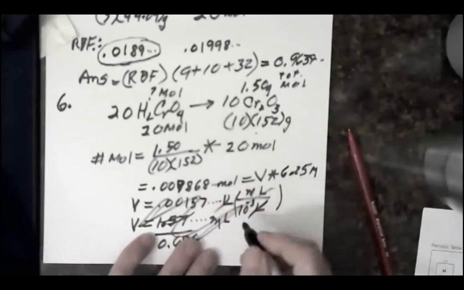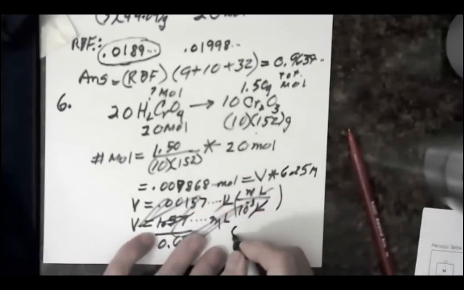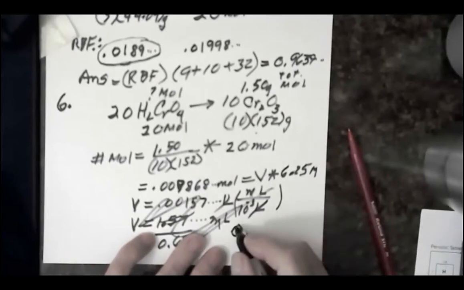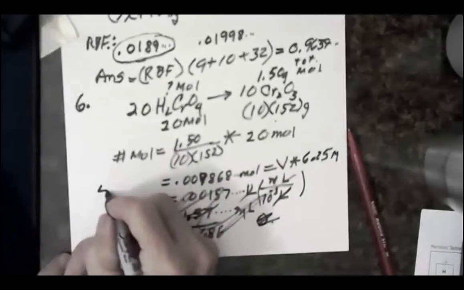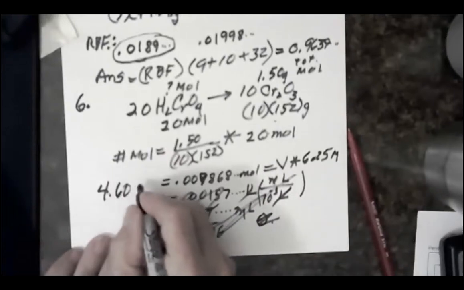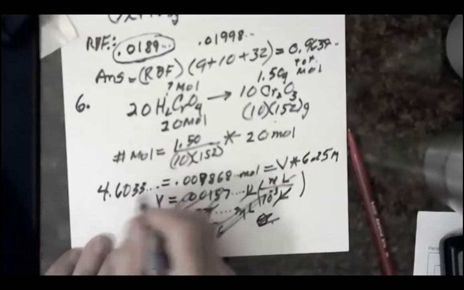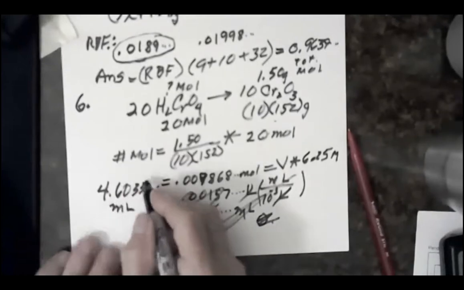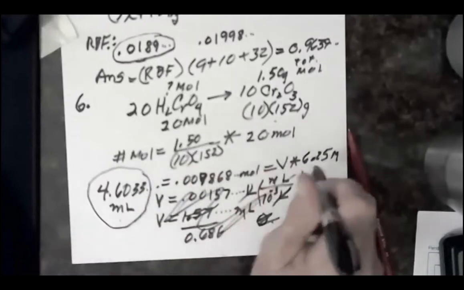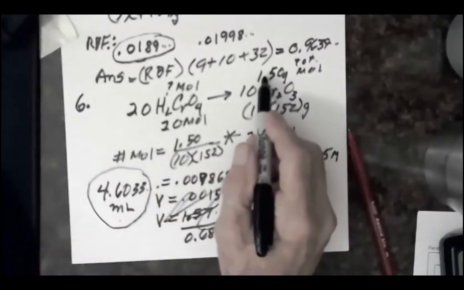I just copied some numbers down wrong. The answer is, no, it's 4.6033 milliliters. That's how much I would have to use in order to get actually 1.5 grams if the reaction is only 68.6%.